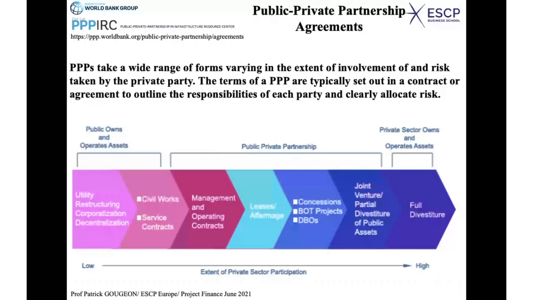Then when you move to the right, you start with a public-private partnership when you have, for instance, a management contract or an operating contract. In this case, the public entity would still own the assets, but would ask a private entity to get involved in the operations. And then you can move to the right progressively to concessions, BOT. BOT stands for build, operate, transfer.